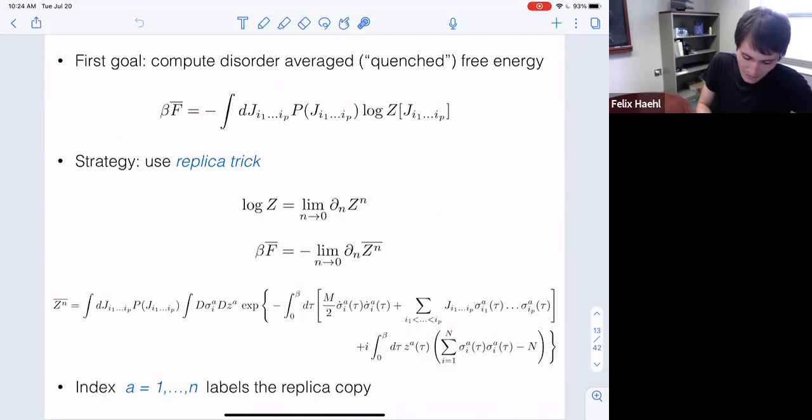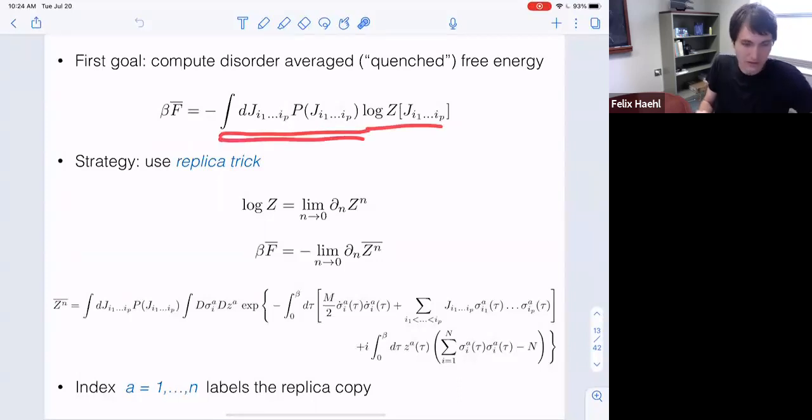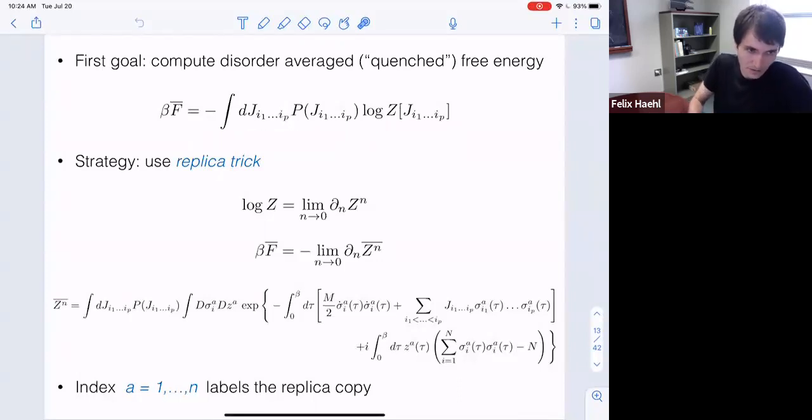So we can take this Z from the previous slide. We need to compute log Z and then average over the disorder, over the couplings, with some probability distribution P, which is going to be a Gaussian. And the order in which we do these things is crucial. So it's important that we first take log Z and then we average.